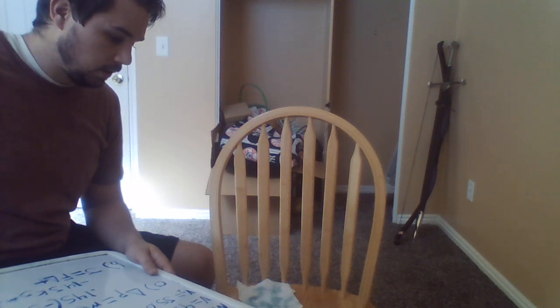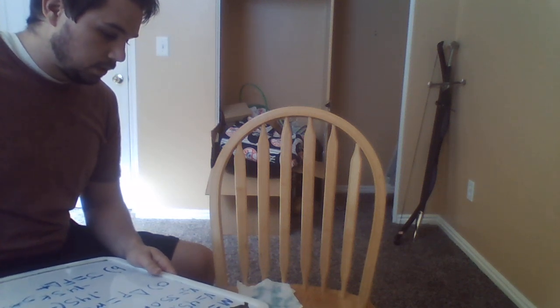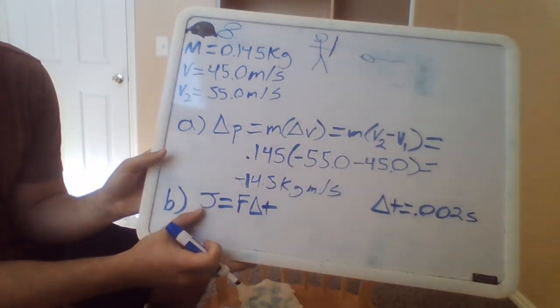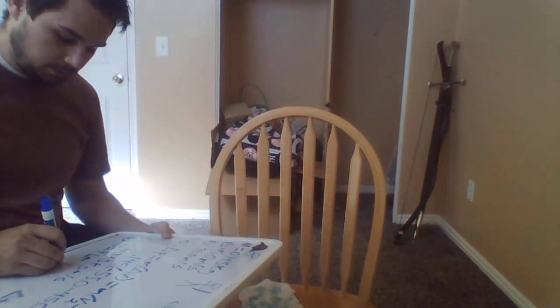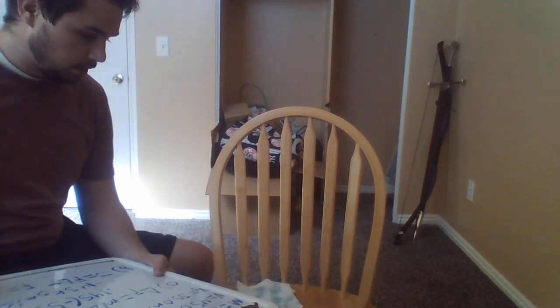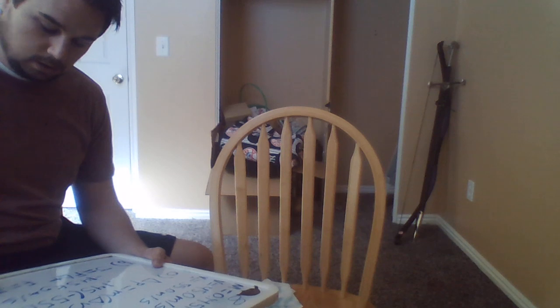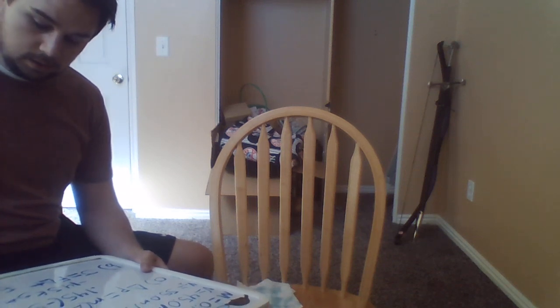Then we're going to solve for F. So F equals J over delta T.